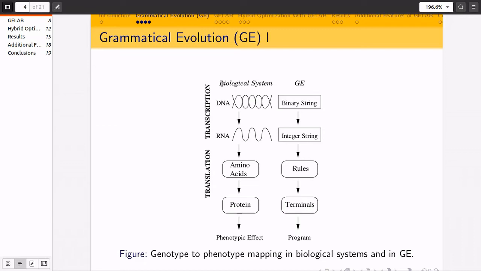Only those individuals that satisfy the fitness criteria survive, or their genotype survives to the next generation, and the poor individuals are whittled away.